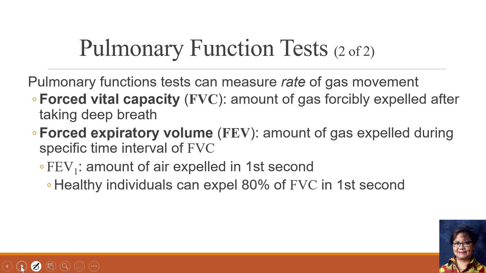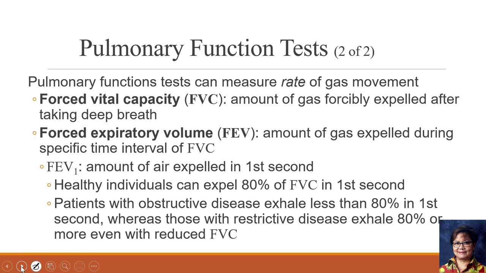Now, healthy individuals usually can expel 80% of FVC in the first second. Patients with obstructive disease exhale less than 80% in the first second, whereas those with restrictive disease would exhale 80% or more, even with reduced FVC.